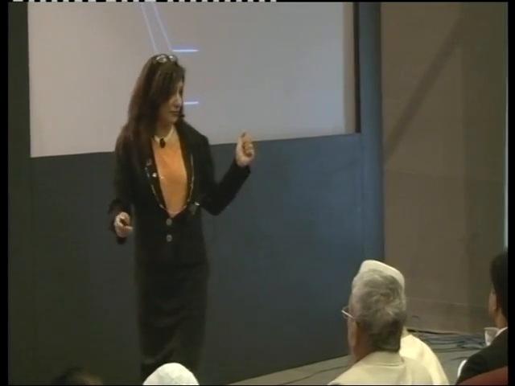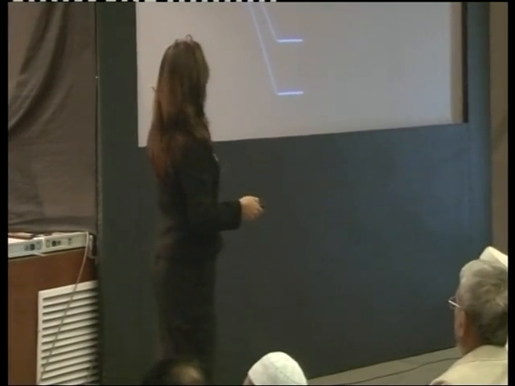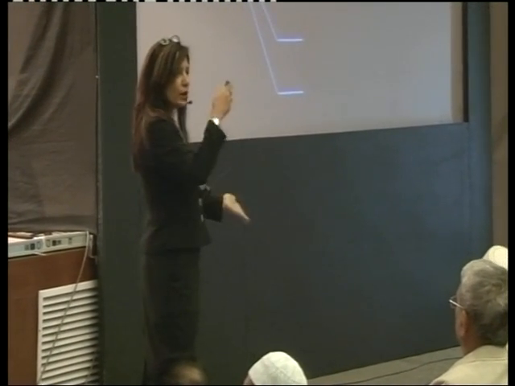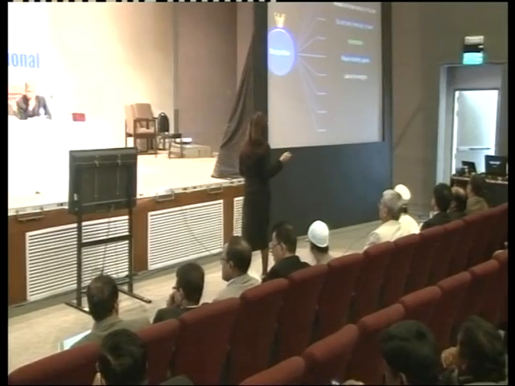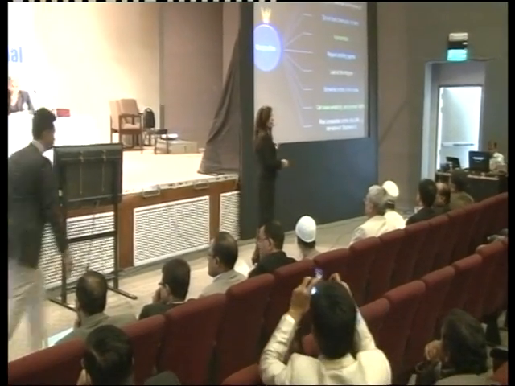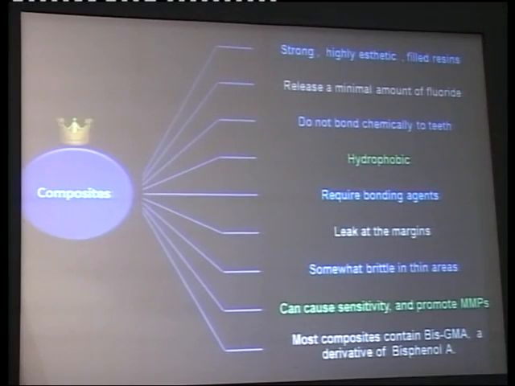They are hydrophobic, a very big disadvantage while working with them, and they require bonding agents. Otherwise, how will the tooth, the dentine and the bond interface function? They leak at the margins, very commonly. If used in a thin area, they are brittle. They don't have that strong load-bearing capacity.